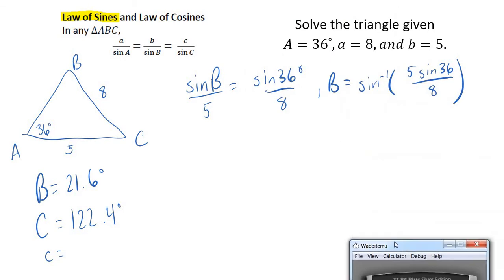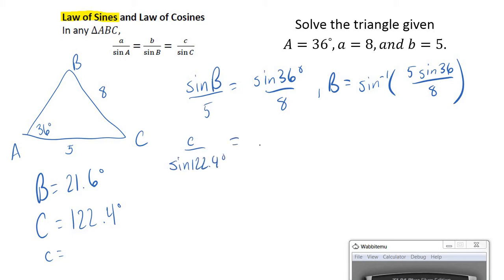Let me get my calculator out of the way. And so, side C over the sine of 122.4 equals 8 over the sine of 36. Again, I'm using this, my A ratio that they gave me.